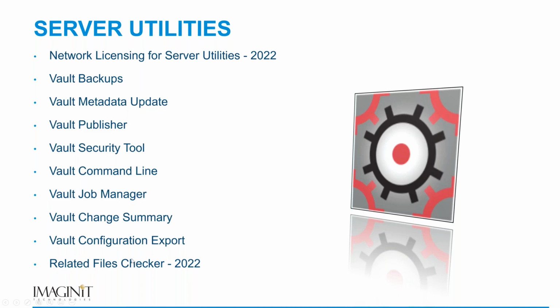But as I get down to the bottom, the new functionality we've added is pretty awesome. It's called the related file checker. I think that's going to help a lot of people out, making sure we have all of our DWF files created, our visualization files, maybe PDFs or what have you. So we'll take a look at that one.